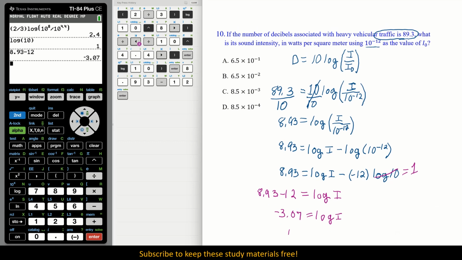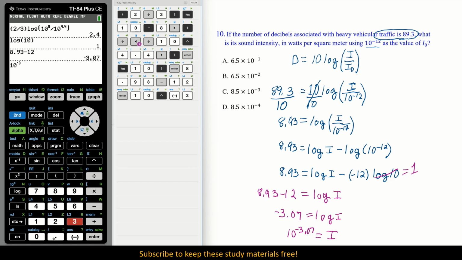This gives us 10 to the negative 3.07 equals I. Remember, I is the argument, and the argument is always set equal to whatever the base and the exponent are. It should look very familiar. Now we need to put it into the calculator and see what happens. So 10, caret, negative 3.07, push enter, and this gives us the value.